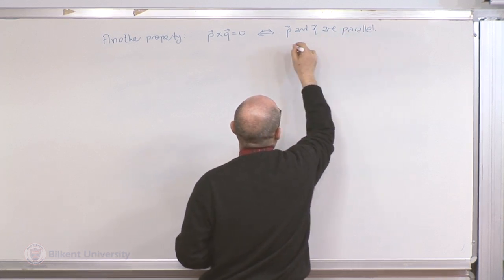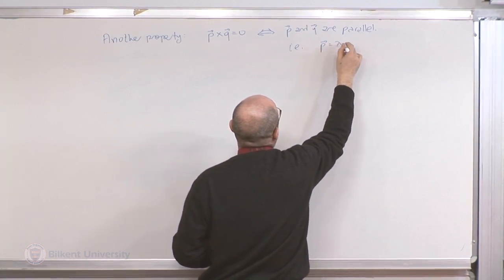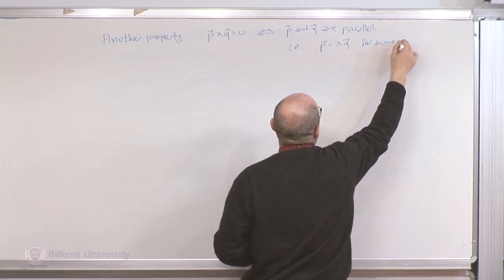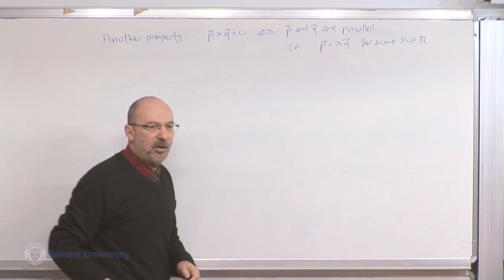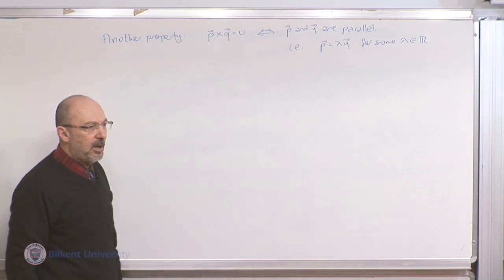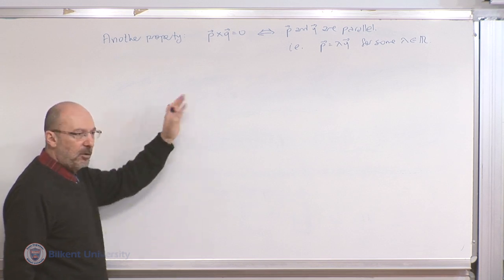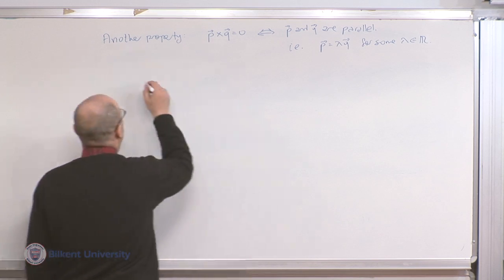Parallel means P is equal to lambda times Q for some number lambda. If lambda is positive, they are pointing in the same direction. If lambda is larger or smaller than 1, then you compare their sizes.